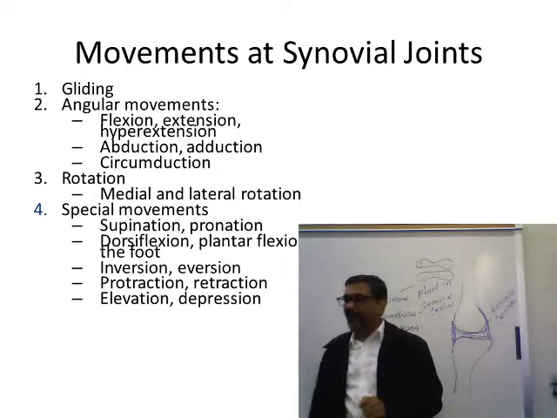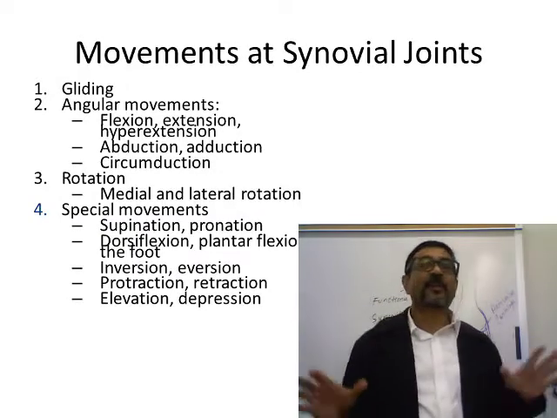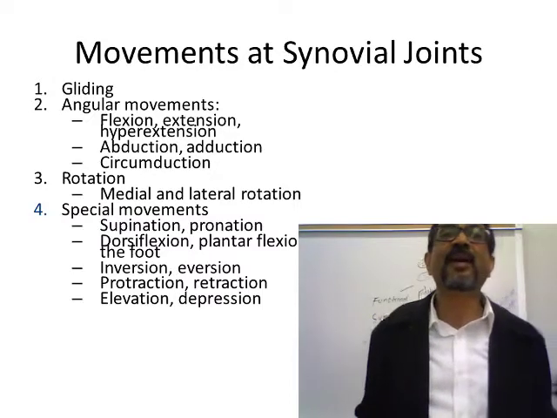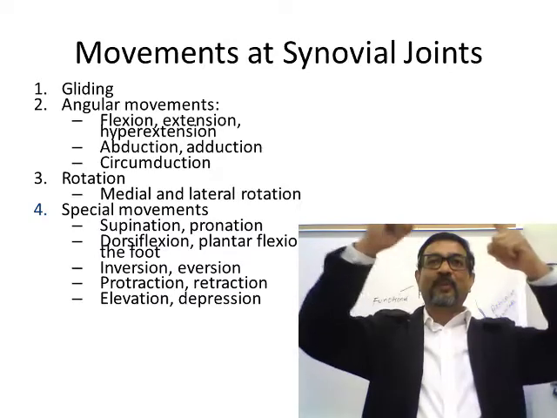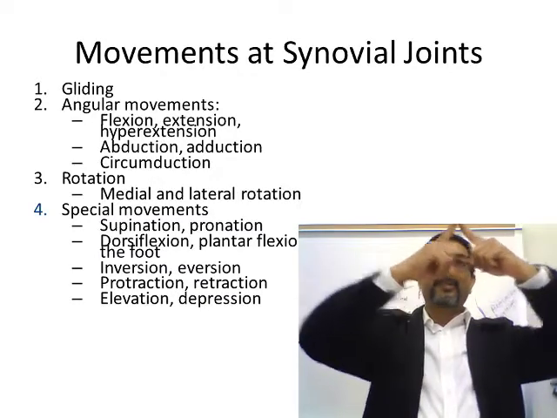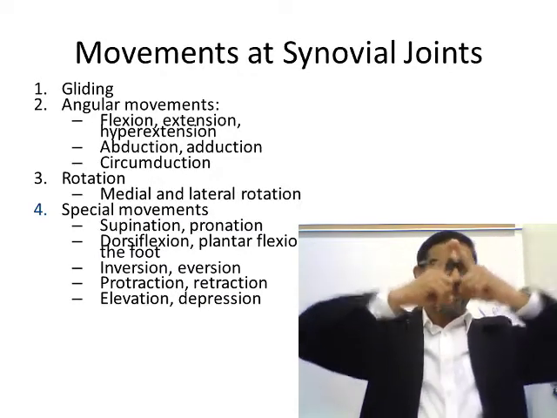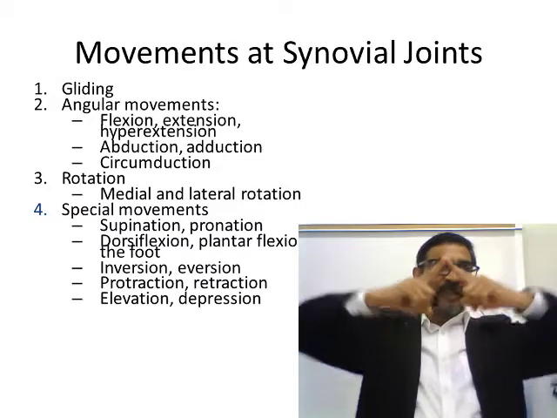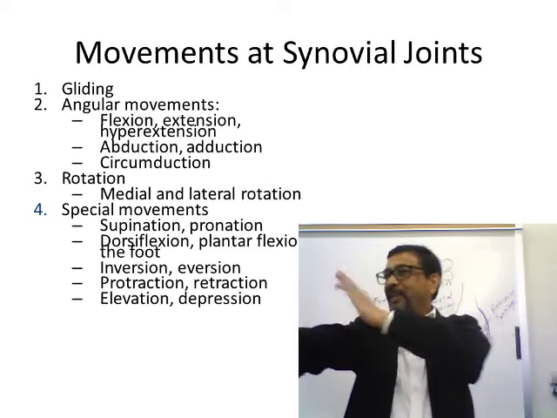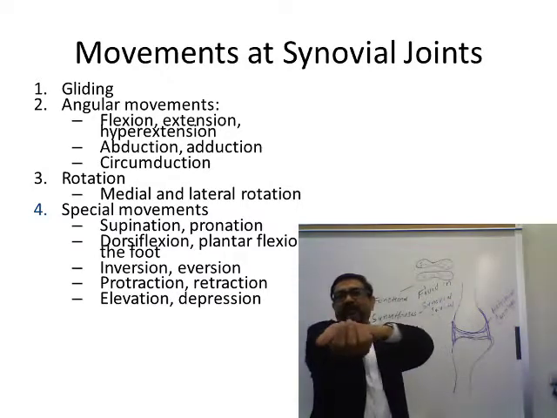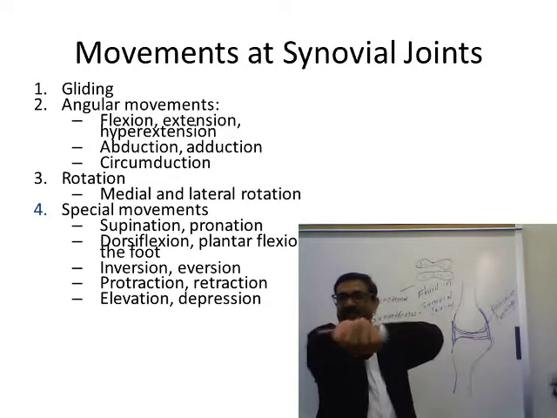Angular movement. There are different types of angular movements where the size of the angle changes. So this is one bone, this is another bone, the size of the angle changes. Make sense? Does it make sense, everybody? Size changes. So for example, you see here, this is like 180 degree, right? Here.